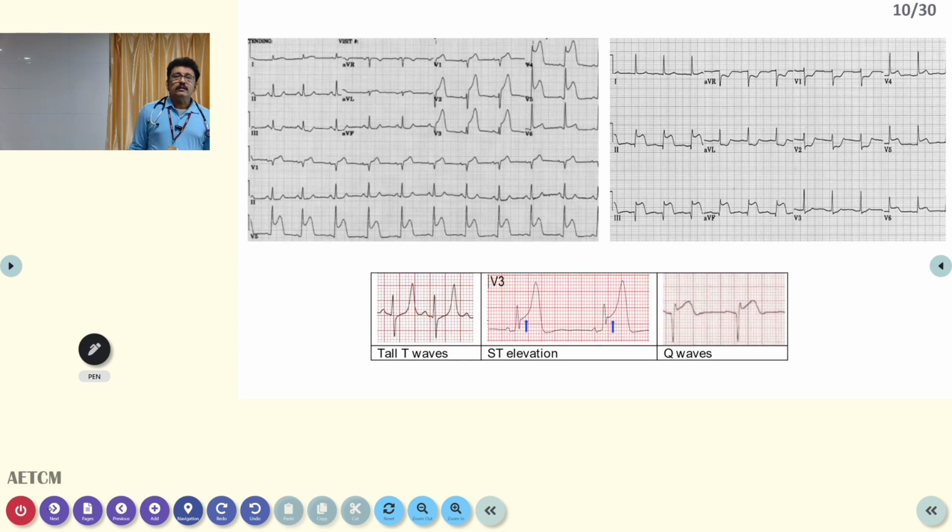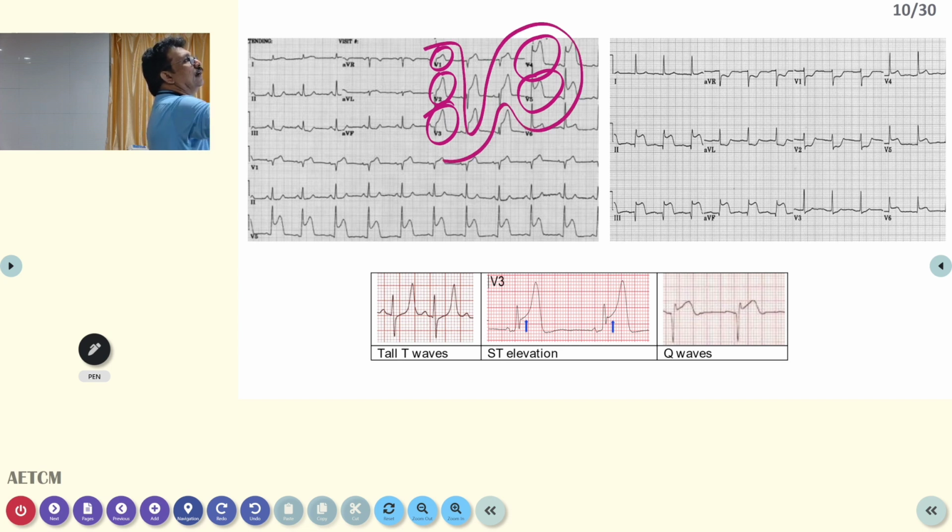So if you see this first ECG, there is ST segment elevation in V1. Sorry, V1 is there, V2 is there, V3 is there, V4 is there, V5 is there, V6 is there. So all anterior leads are having ST segment elevation, and some reciprocal changes, that is ST depression. You can see here ST depression in 2 and AVF.